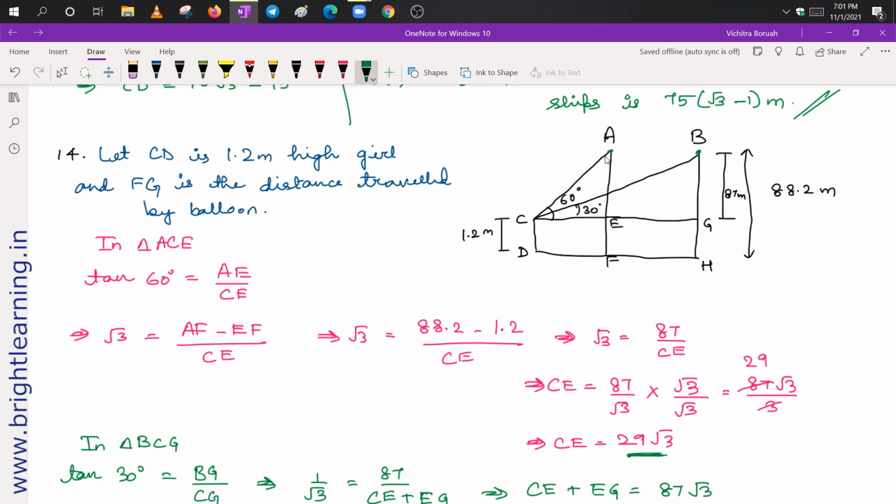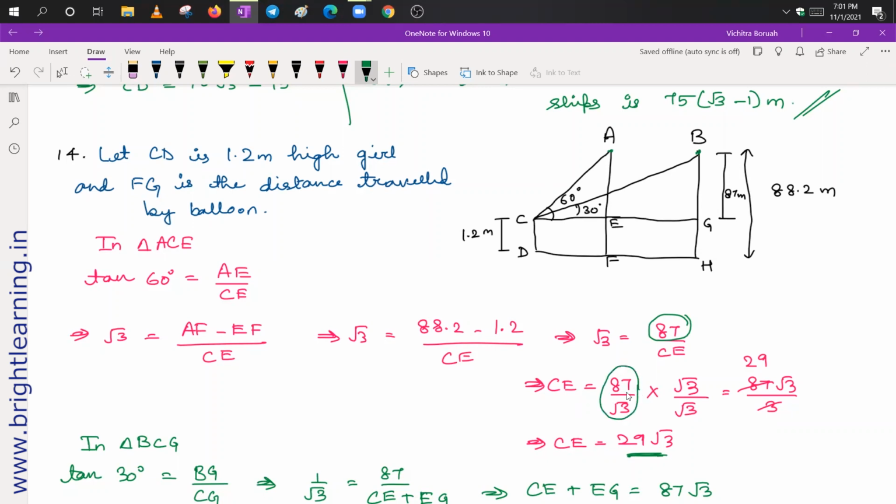First we have taken this triangle ACE. In this triangle, tan 60 degree is equal to AE upon CE. So if BG is 87, AE will also be 87. So 87 upon CE is equal to root 3, and from here CE is equal to 87 upon root 3.